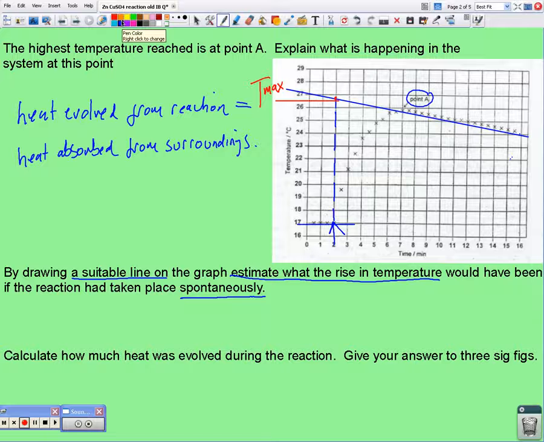Well, that means that this is my estimated temperature change, and from the graph I've got, it seems that delta T is approximately, I'm going to say 26.8 subtract 17.